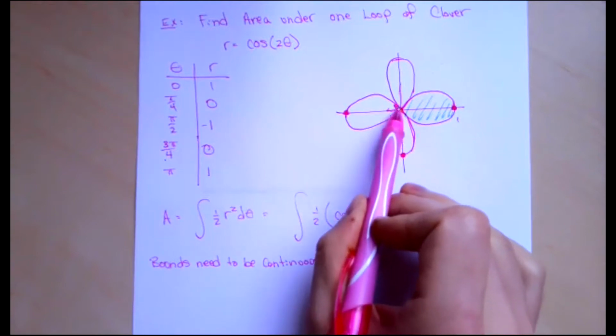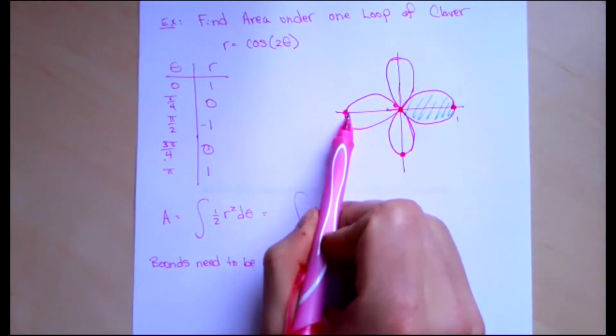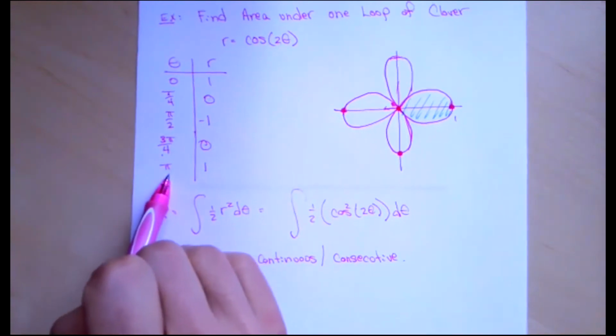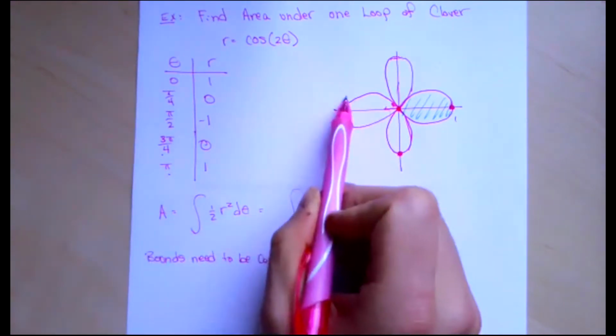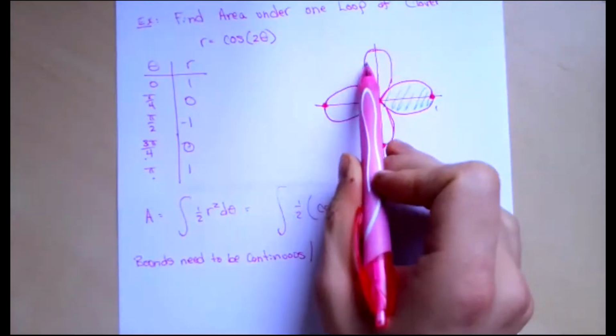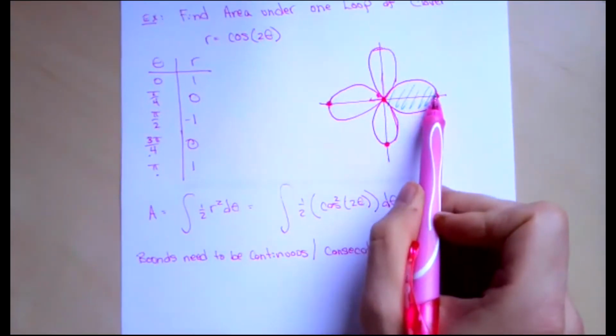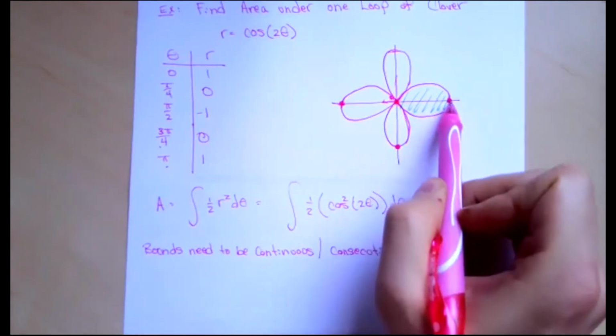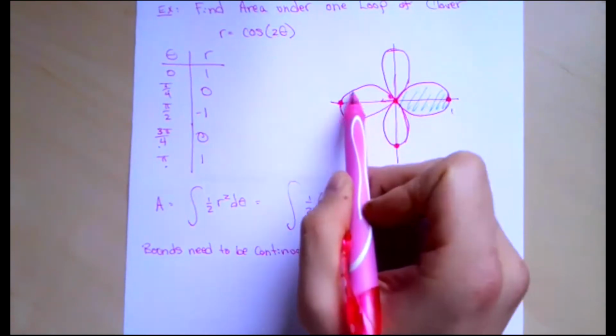Where were we at pi? We were here. And then it took us 2 pi to go all the way around back. So every 2 pi, it's going to keep repeating.